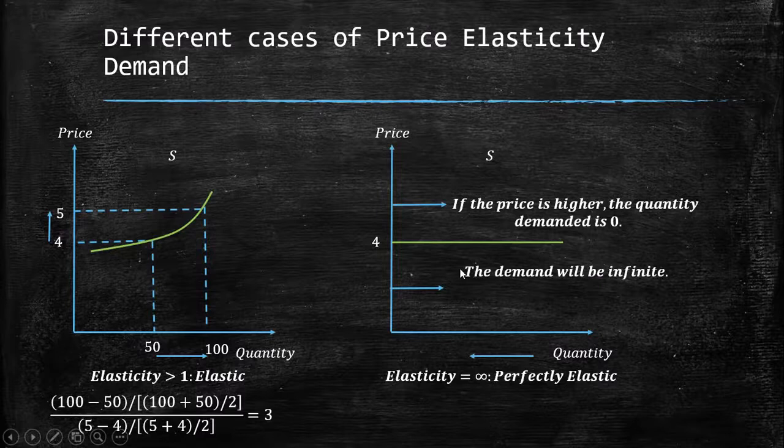At less than 4, the supplier is going to supply 0. Okay, sorry, I put demand, but it's going to be supply here and supply here. So the elasticity is equal to infinity, which is perfectly elastic.